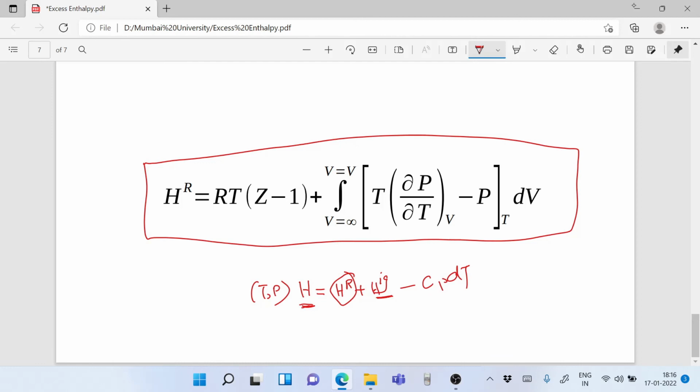So this one equation can be used to derive the residual enthalpy for any cubic equation of state that you would come across in your entire course, right? So this is the equation. So that was all about how to calculate the excess or residual enthalpy.